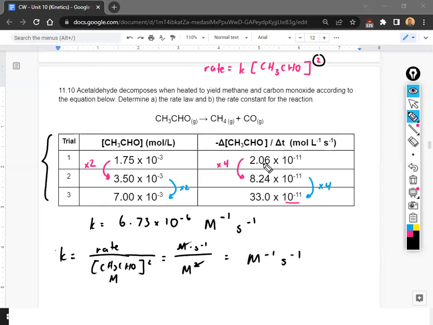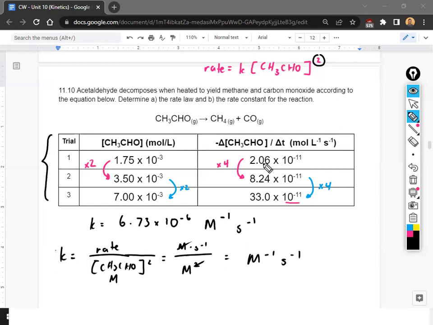Yes. I got 6.7. I got the exponent honestly. But when you put the CH3CHO on the bottom, don't you put the exponent? No. So plug it in the right way, because you need to square it first, and then you've got to divide it. Why did you flip it on the other?